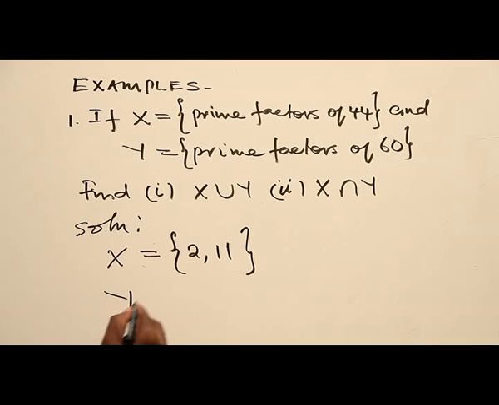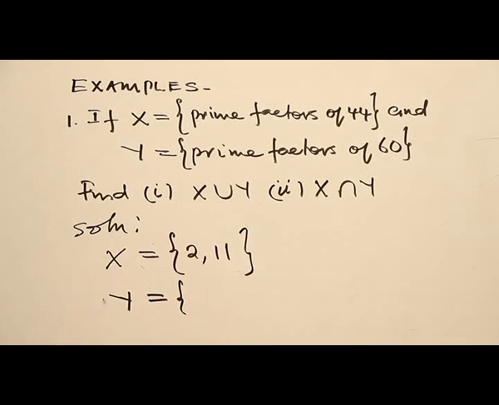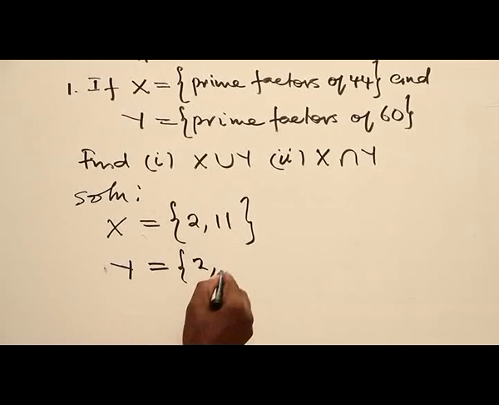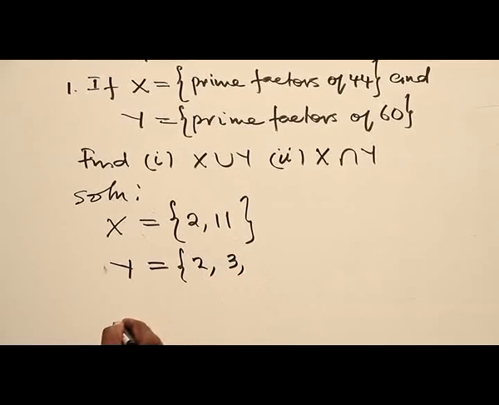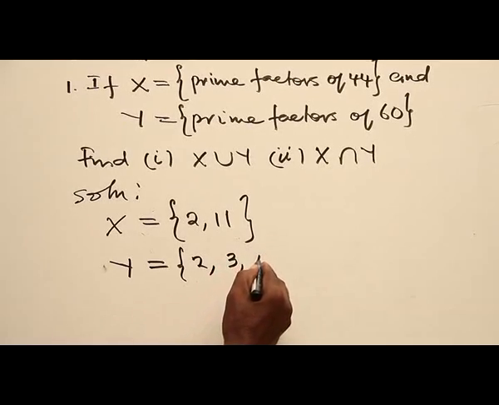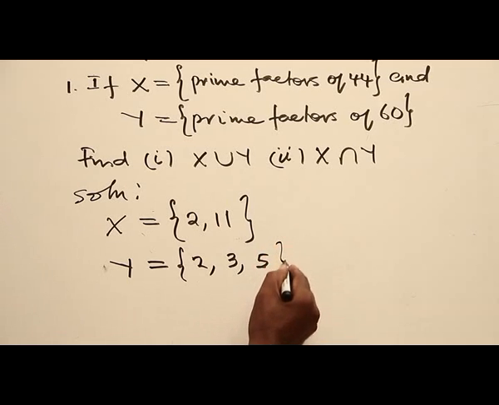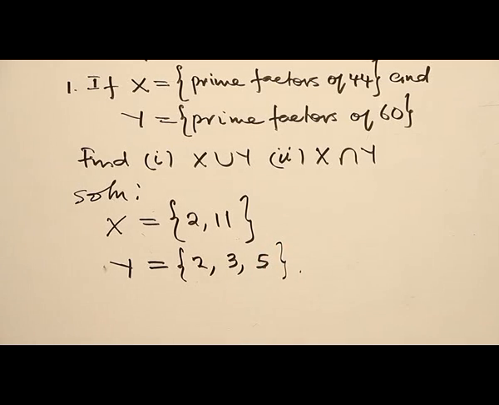Then we have our Y, which will be equal to the prime factors of 60. 2 is a prime factor of 60. 3 is a prime factor of 60. 5 is also a prime factor of 60. Is there any other number that is a prime factor of 60? No, and that is that. So the question now is 1.